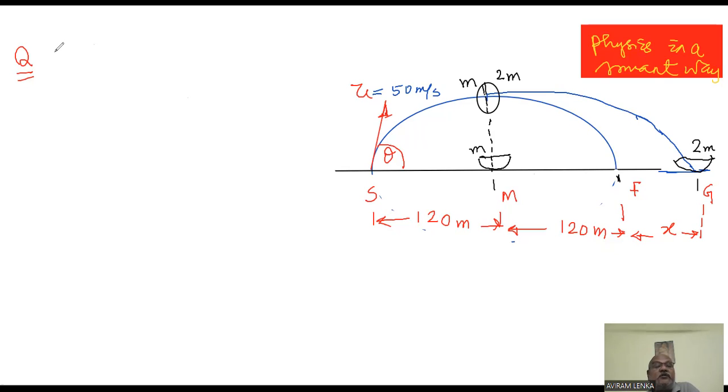Let us say we consider a question in the way of center of mass. We got a stone.